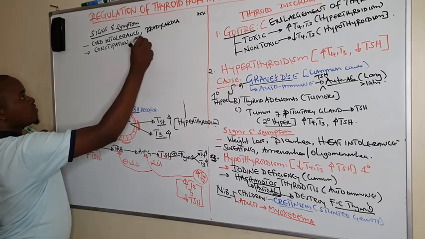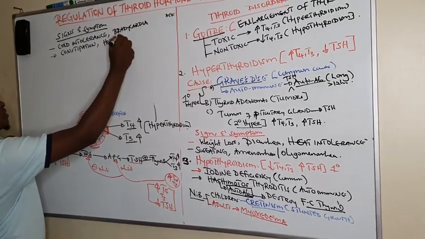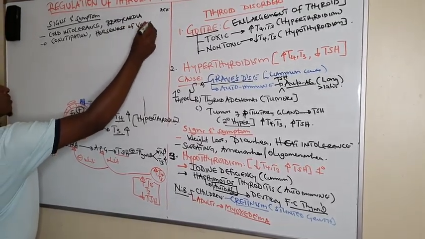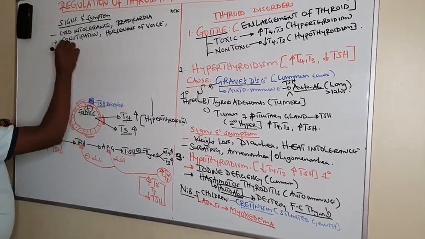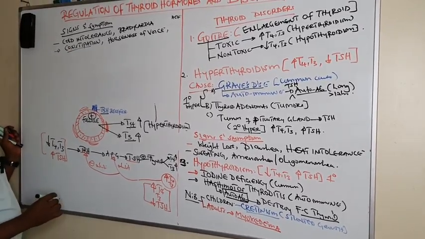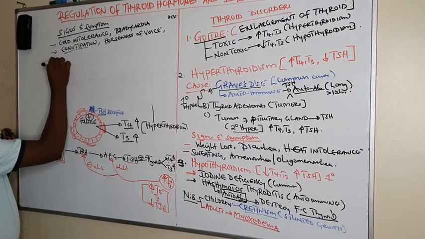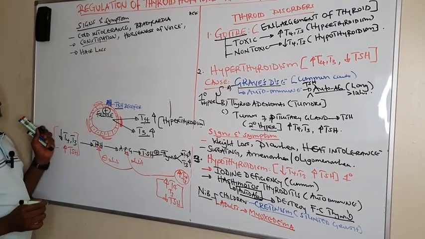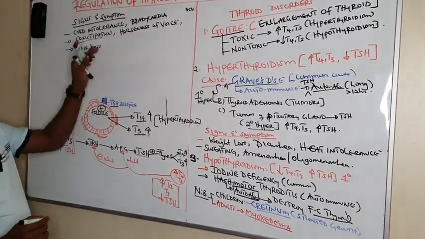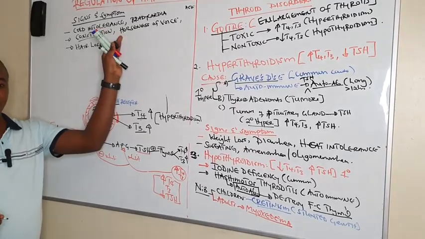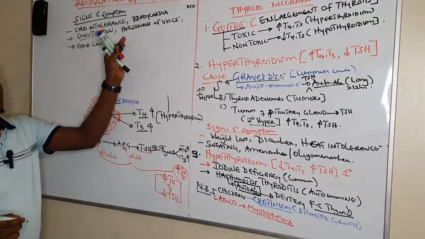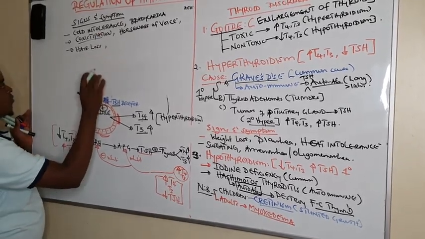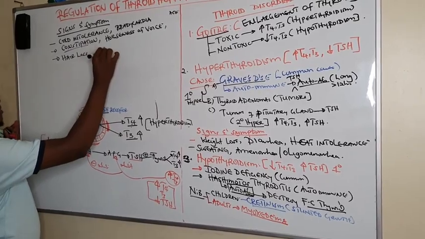There is hoarseness of voice. Then constipation is there. Then there is even hair loss. Hair loss is also a characteristic or a sign of this hypothyroidism. Then these people can also suffer from irregular menses.